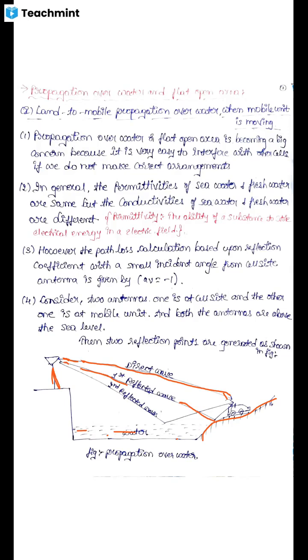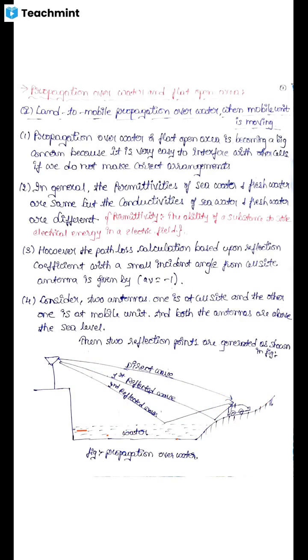One reflected wave is reflected from the ground surface to the mobile unit, and the second reflected wave is reflected from the sea water. These are the two reflected waves and one direct wave to the moving mobile unit from the antenna. Now we will study this topic.